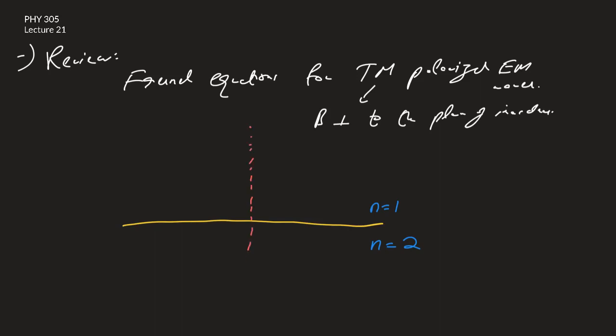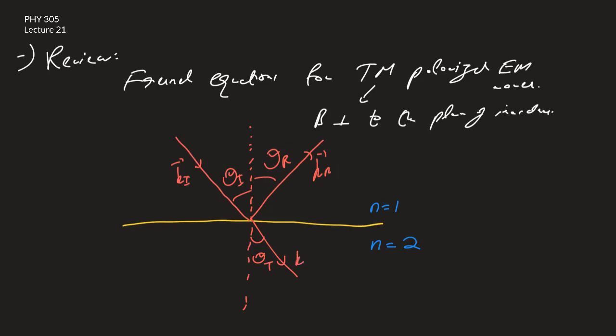This is your surface normal and this is your incoming wave vector, this is your outgoing wave vector, this is your angle of incidence, this is your angle of reflection, and this is your angle of transmission. This is your incident k vector, this is your reflected k vector, and this is your transmitted k vector. The k vector is the propagation vector.